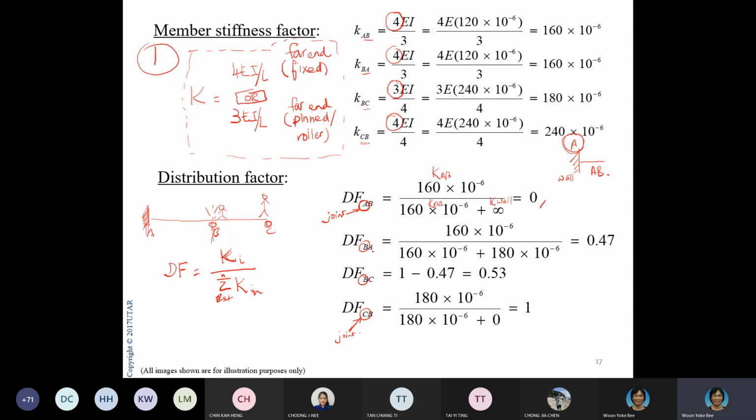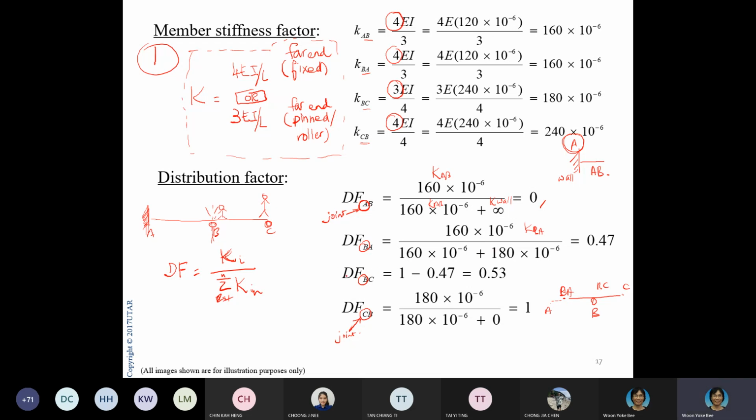Likewise for BA, if I'm looking at joint B now, I have A, and I have C here. So I have actually two members, BA and BC. When I'm at BA, I will take KBA and divide by the stiffnesses of the two members, BA and BC.